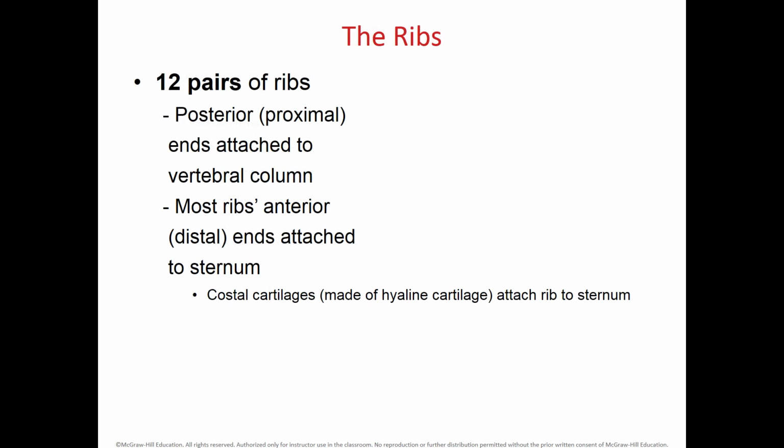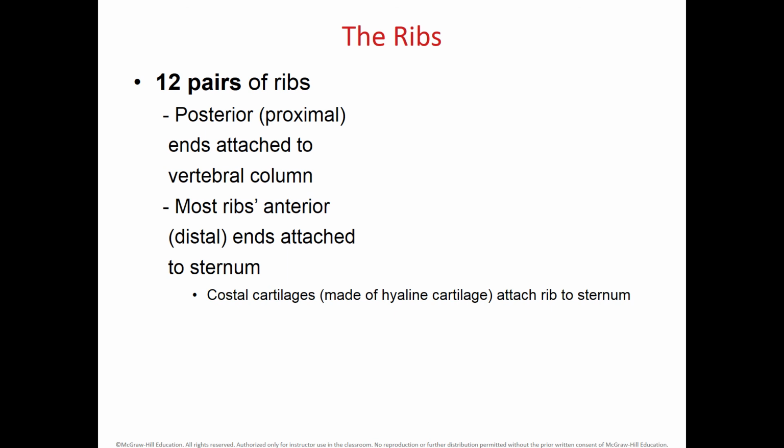Now the ribs are 12 pairs, so they have this posterior part that is called the proximal part that attaches to the vertebral column. It has a head that connects to the body of the thoracic vertebrae, and it has an angle that has a tubercle that connects to the transverse process of the thoracic vertebrae.